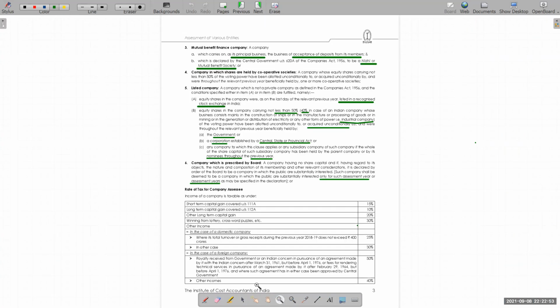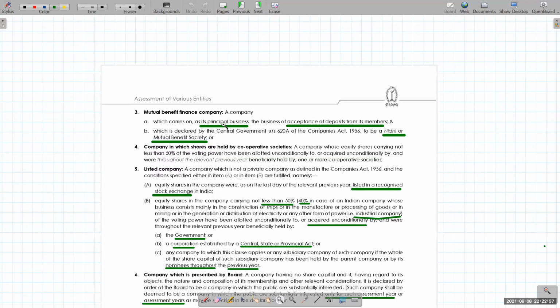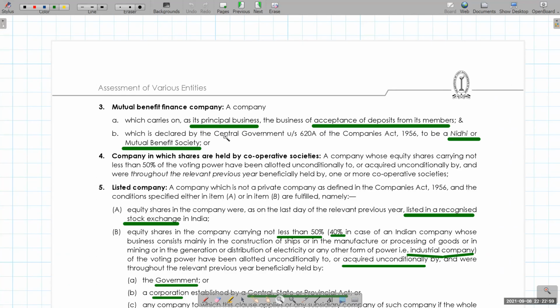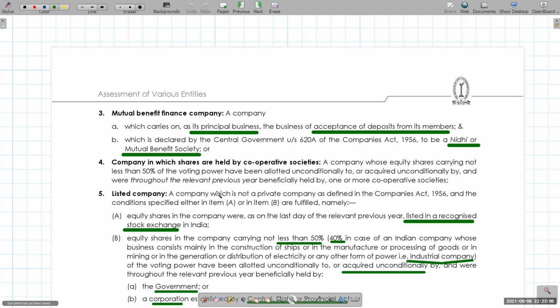Understood? Then we are going for one more company, that is the mutual benefit finance company. This is a different type of company which is formed under the Companies Act 1956, and it is based on their principal business.